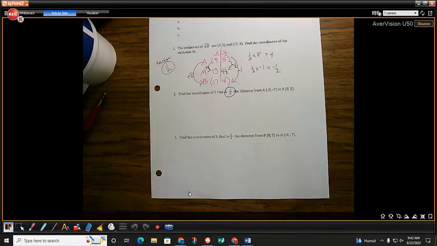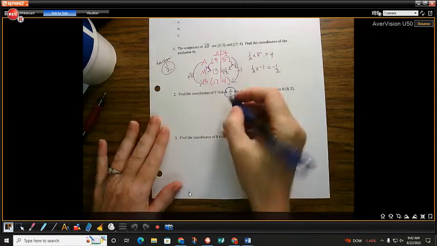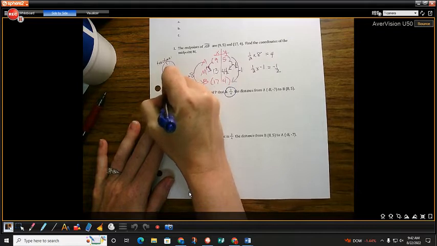Because if I go 3/4 of the way from me to her, who will I be closer to? Her, because I've gone most of the way. But what if I want, what's 3/4 of the distance from Trin to me? Who am I closer to now? Me. So for anything other than 1/2, direction matters.